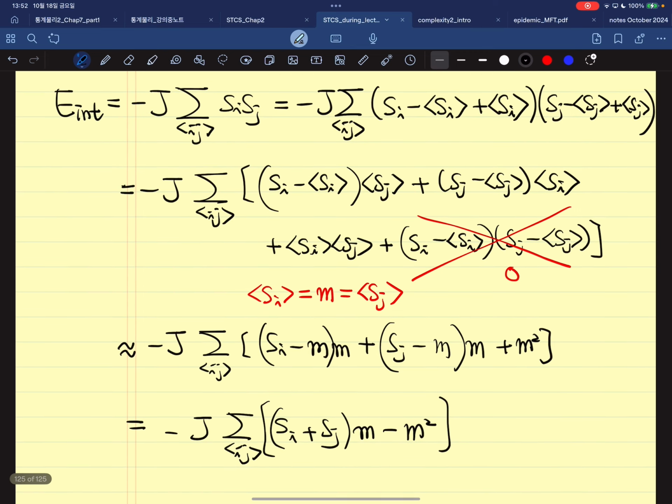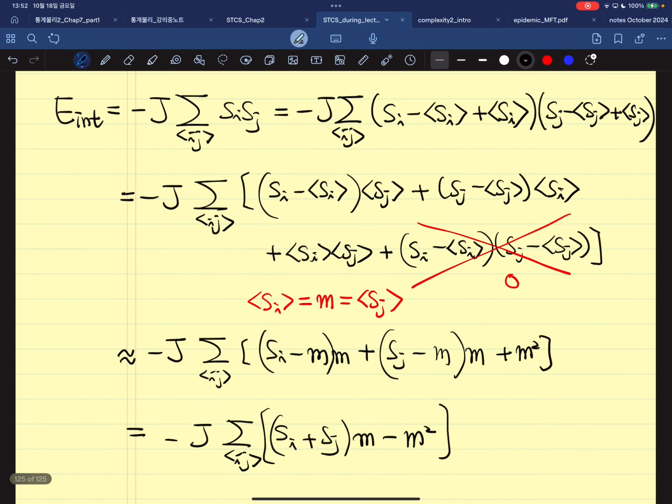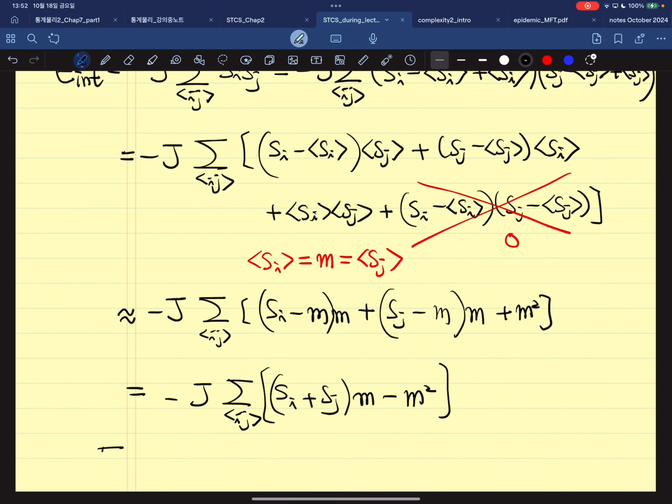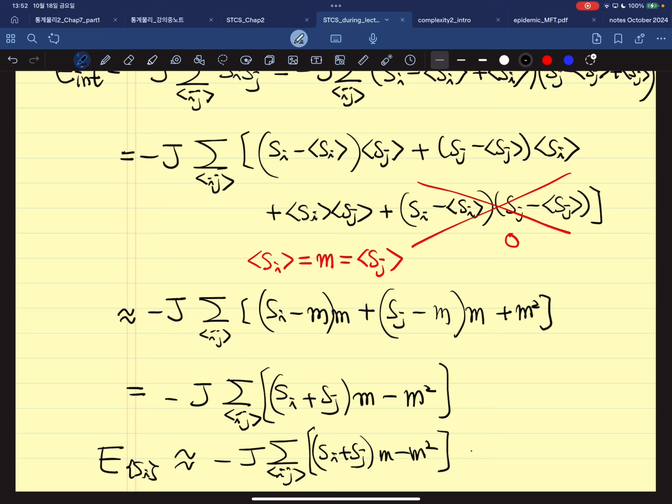This was an interaction term only, so the full energy function or Hamiltonian for this mean field treatment would be minus J, the same term, Si plus Sj, and the external field term.